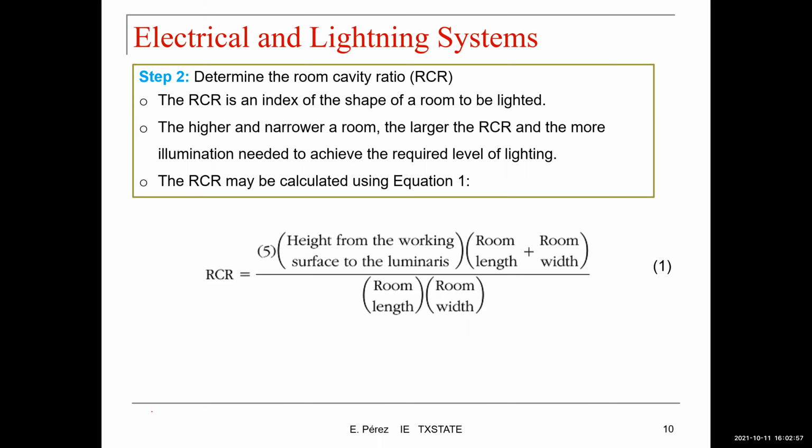As you can see, the area of the room is taken into account here, the room height, length, and width. We also take into account the height from the working surface to the luminaires, and the summation of the length and width for computing this ratio.